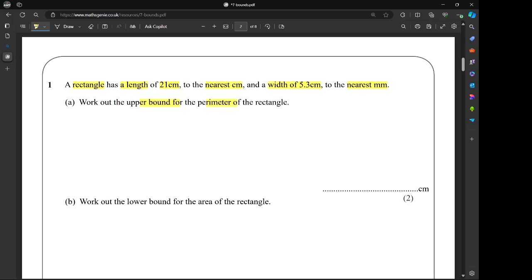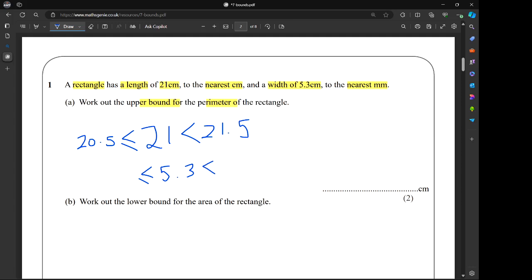So 21 is between 20.5 and 21.5. And then 5.3 is between 5.25 and 5.35.